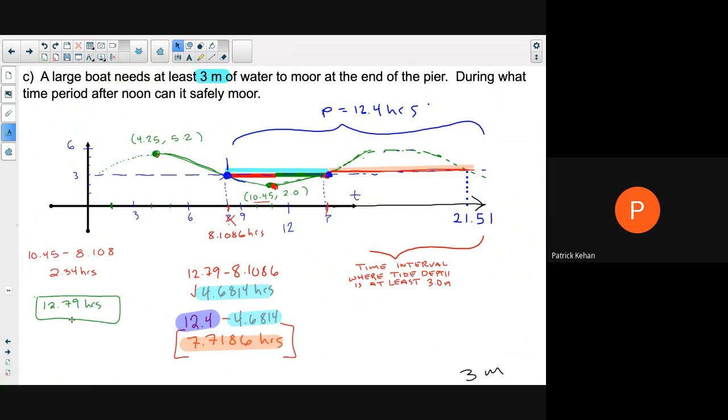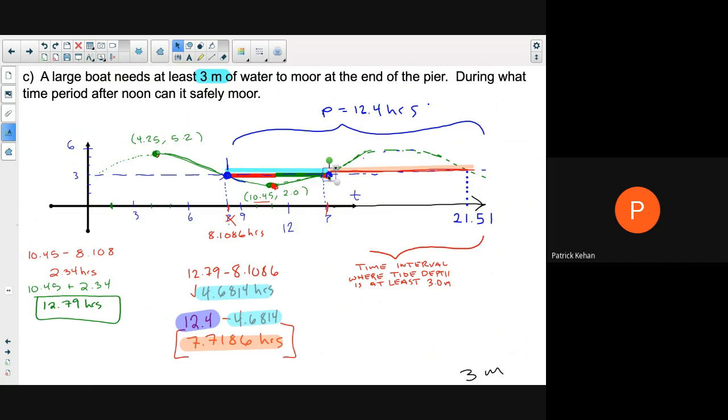So how do we do that? 10.45 plus the 2.34 hours we just identified gives me 12.79 hours, which means after midnight, 12.79 hours is going to be the first time after 12 noon that the tide is above that 3-meter line, right?